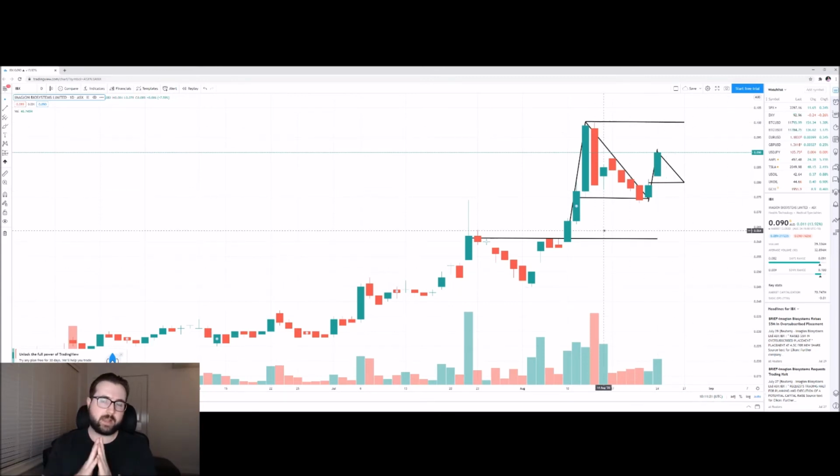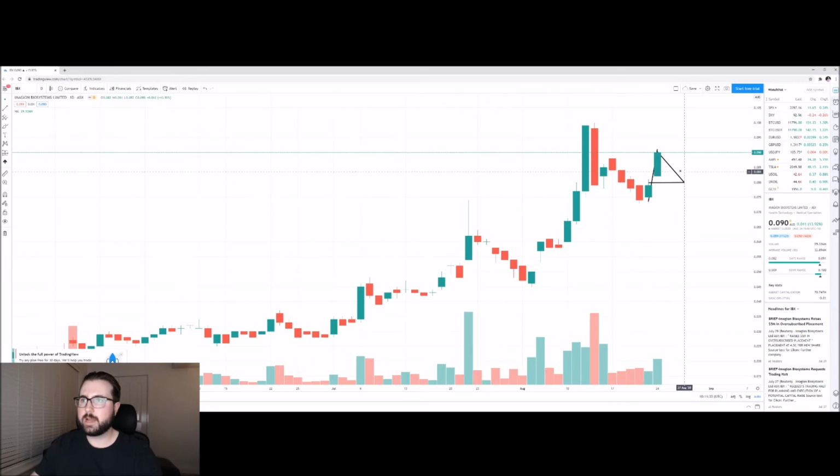Now, one thing you do want to be careful for is if you see 3 peaks like this. Let me just show you, for instance, let me delete these. This is what you call a head and shoulders pattern, and effectively you've got shoulders, like so, and this is something a lot of people get caught out on.